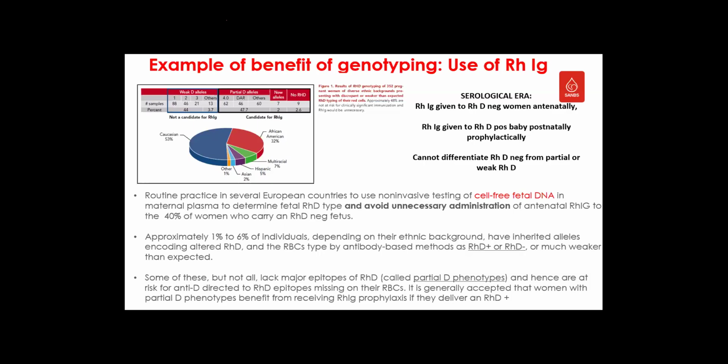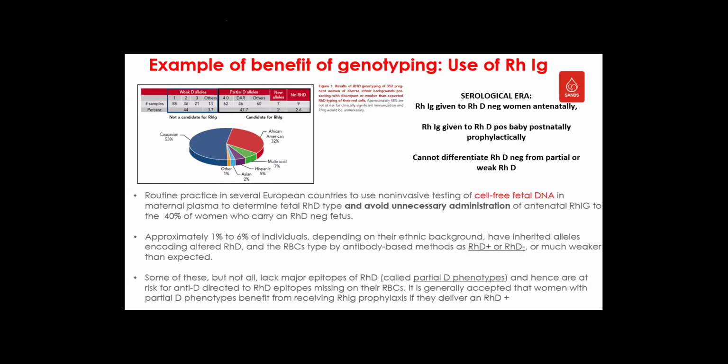So in high income countries, these countries use non-invasive testing of cell-free fetal DNA in maternal plasma to determine the fetal RhD type, and in this way avoid unnecessary administration of antenatal IgG to about 40% of women who carry an RhD negative fetus.